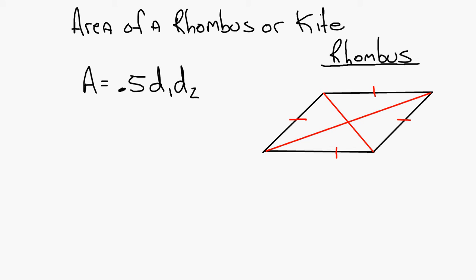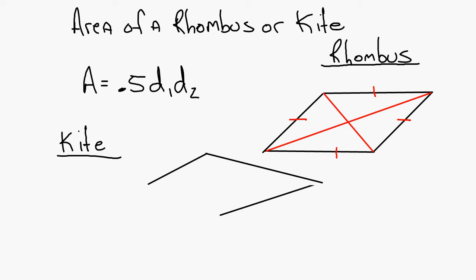And a kite looks just like a kite. A kite has 2 pairs of congruent sides. These 2 sides are congruent, and these 2 sides are congruent to each other.